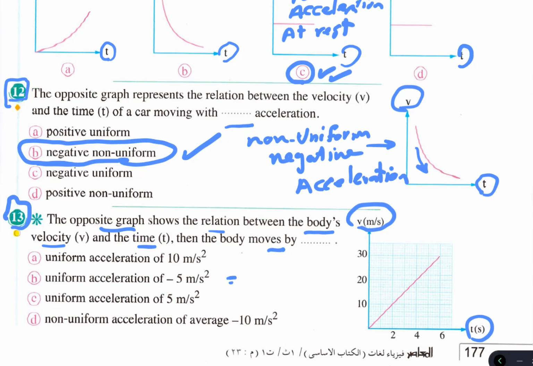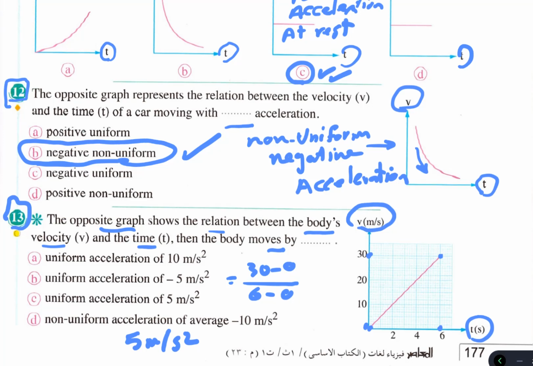Let's calculate the slope: 30 minus 0 over 6 minus 0, so it equals 5 meters per second square, and positive as you see. So the answer is uniform acceleration 5 meters per second square.